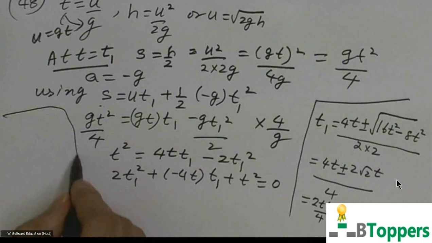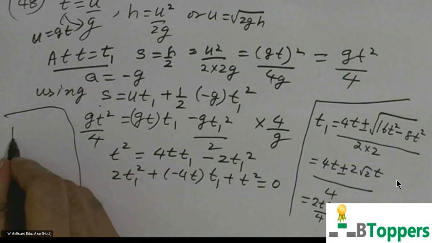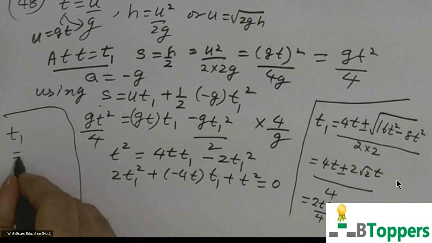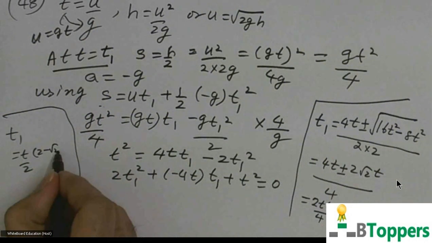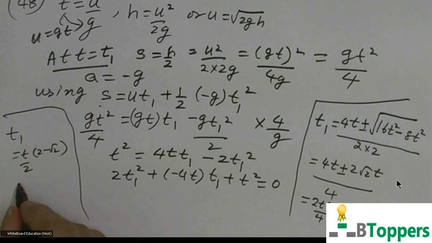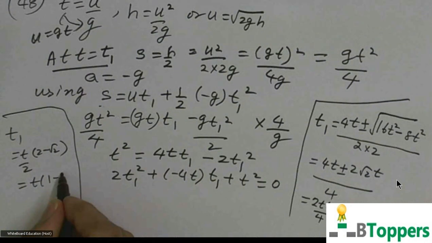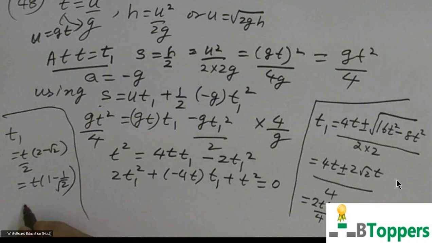So if you simplify that, the smaller value of t1 will be t by 2 into 2 minus root 2, or you can write t into 1 minus 1 by root 2. If you consider the larger value, the larger value of time will be t into 1 plus 1 by root 2.